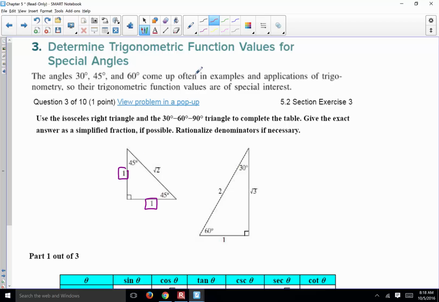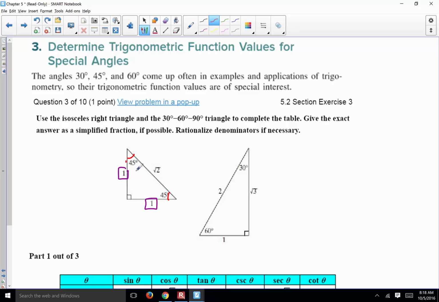In an isosceles triangle, if two sides are equal, then these two base angles, beside this right angle, must be equal. So once you build a right isosceles triangle, these two corners must be 45.